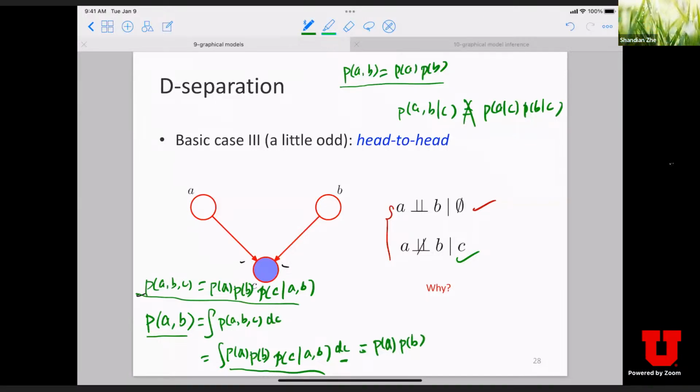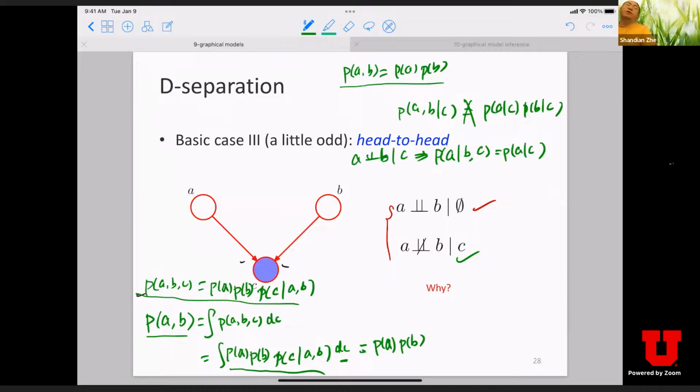If you want to show that A and B are independent given C, that basically means that the conditional probability of A given B and C equals the conditional probability of A given C only. So it means that conditioning on B doesn't matter.